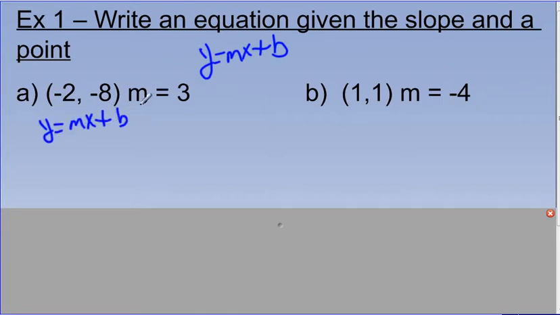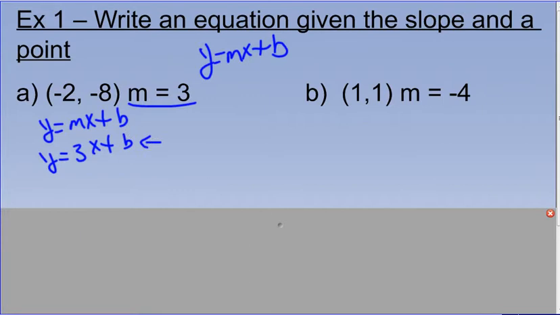So we have the slope is 3. Now we want to find out what this b is. Well, with just this little bit of information, we can't do it. You can't find a missing variable if there are 3 of them. If there's 1 missing variable, you can solve that.